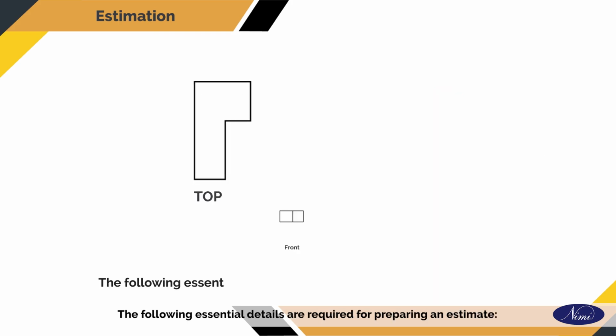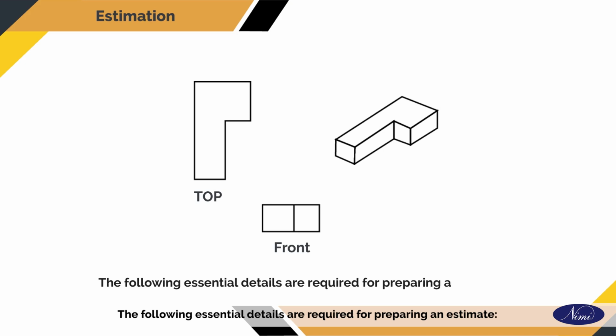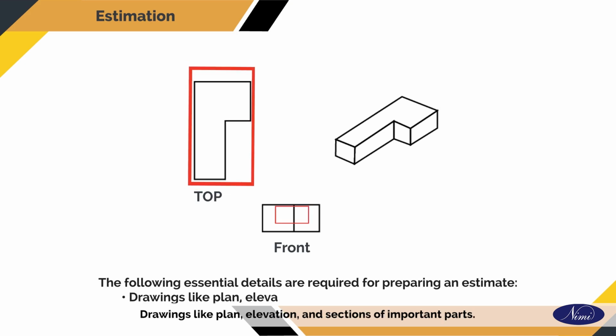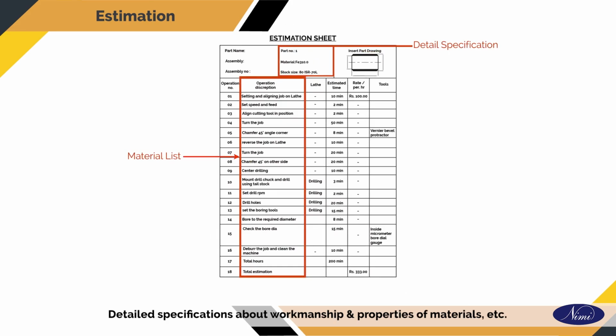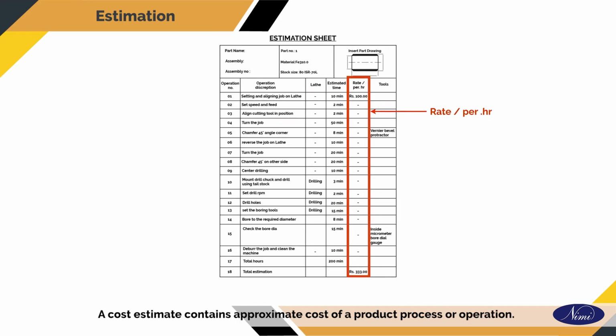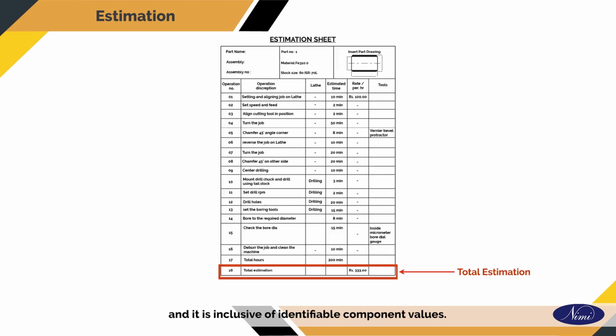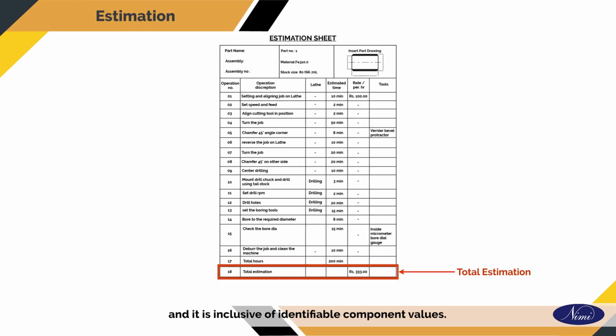The following essential details are required for preparing an estimate: drawings like plan, elevation, and sections of important parts, and detailed specifications about workmanship and properties of materials. A cost estimate contains the approximate cost of a product, process, or operation. The cost estimate has a single total value and it is inclusive of identifiable component values.